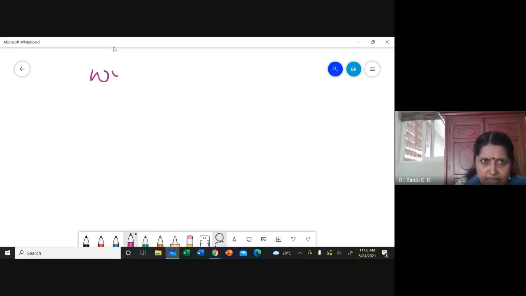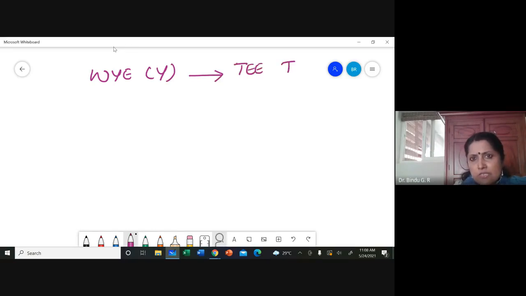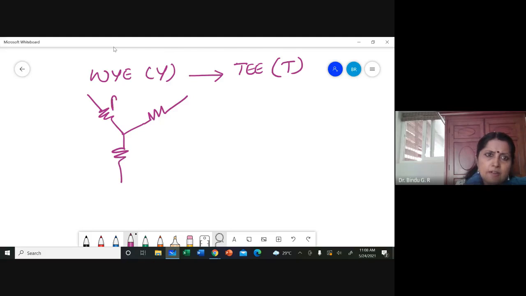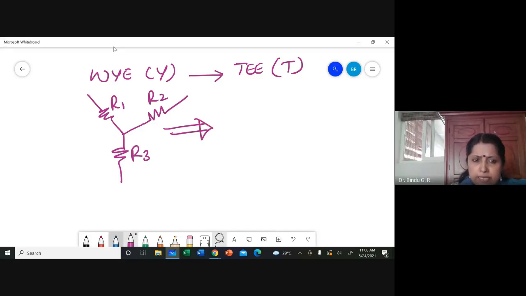It can be a Y connection, which is like a star, or it is the same as a T connection, because the Y connection is a star connection. It will be like this: R1, R2, R3. The same network can sometimes be misleading for first year students.